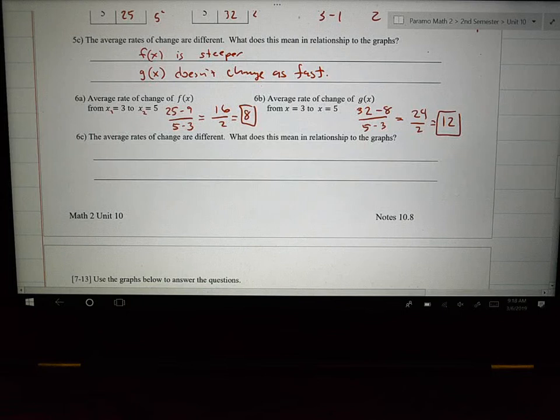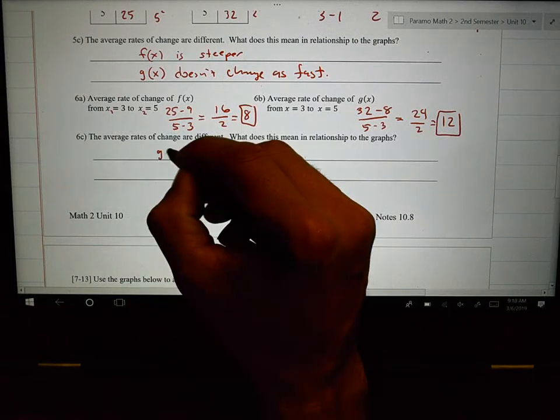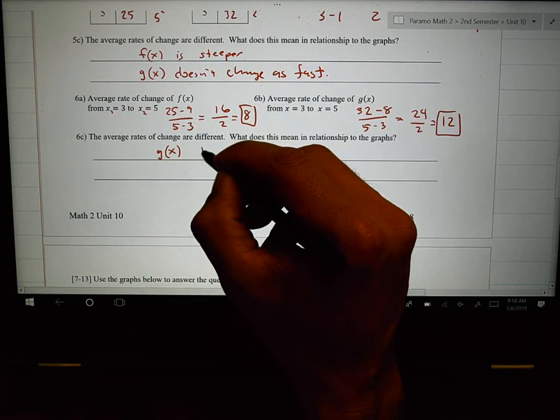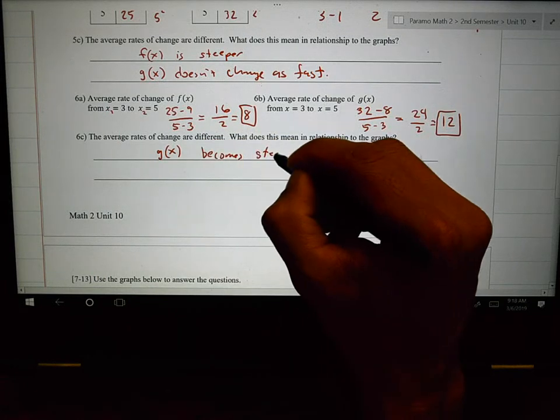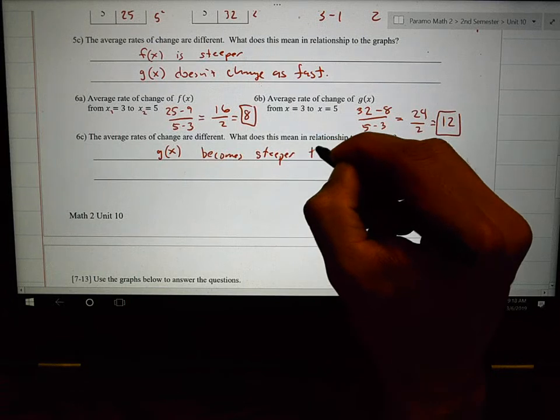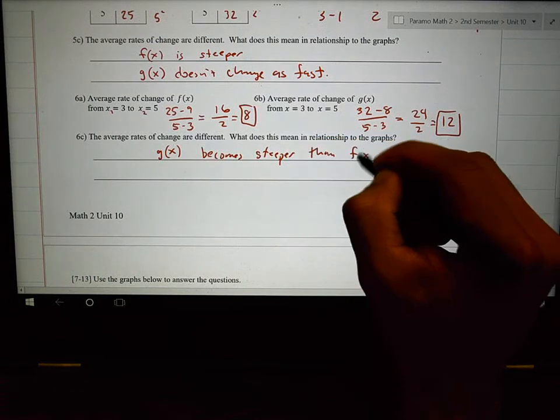So something happens between those two graphs. The exponential starts becoming steeper, believe it or not. So let's say g of x becomes steeper than f of x.